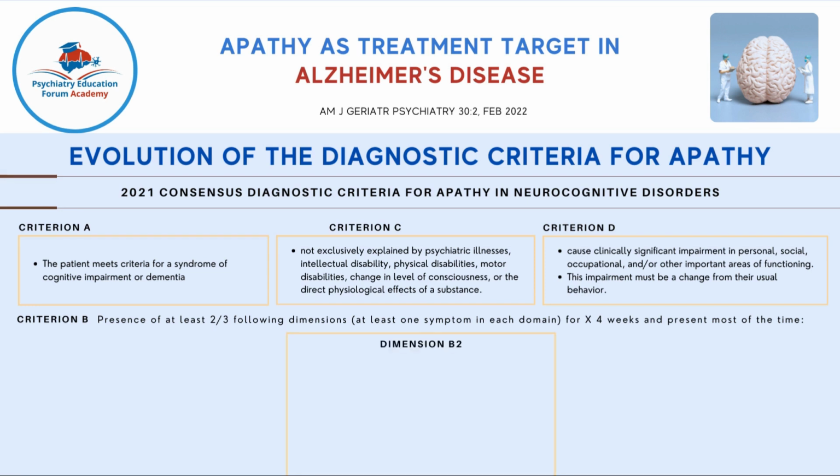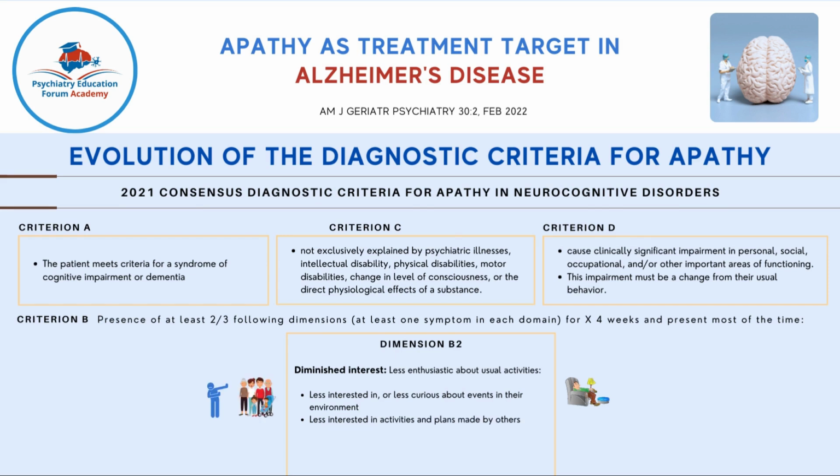Dimension B2 is diminished interest. A person is less enthusiastic about usual activities, like they're less interested in or less curious about events in their surroundings, in their environment. They're less interested in activities and plans made by others. They are less interested in friends and family.